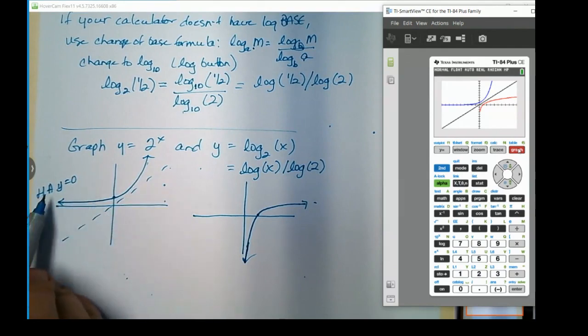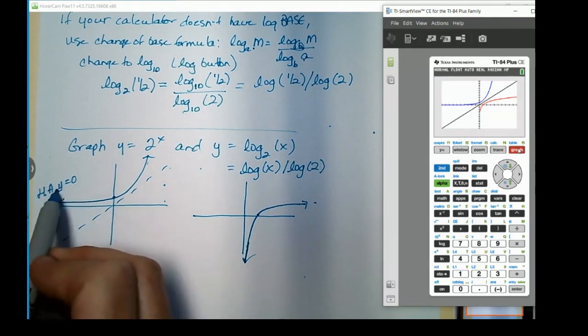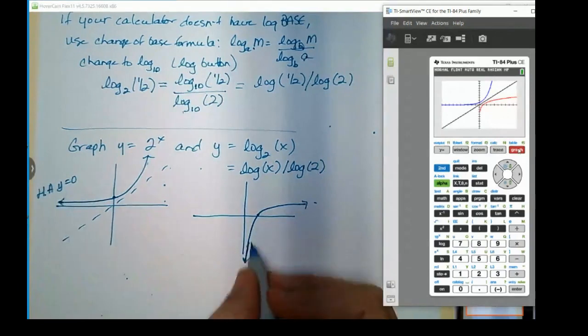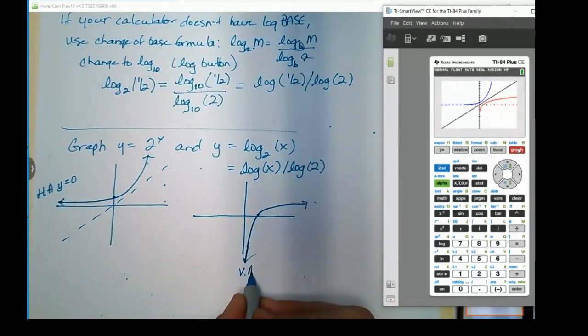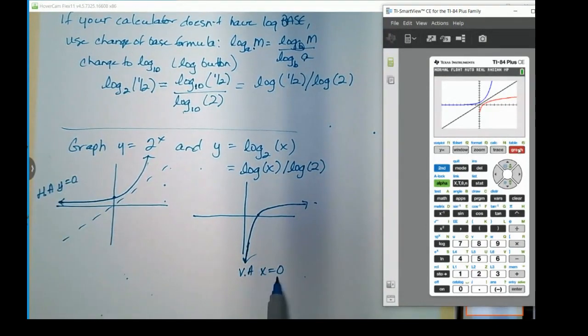When we do inverses, our horizontal asymptotes turn into vertical asymptotes because we're switching the x's and the y's. So if we have a horizontal asymptote for this one of y equals 0, that means in this graph we're going to have a vertical asymptote, and that's going to be x equals 0. So all we did was we went from y equals 0 to x equals 0.